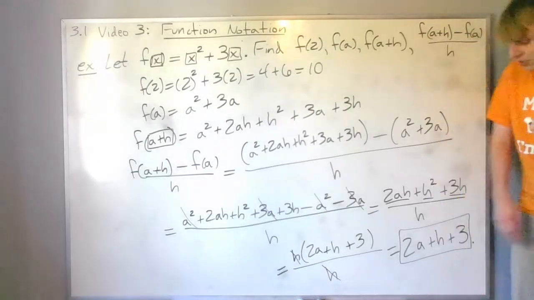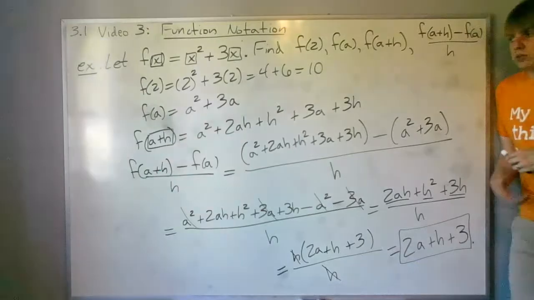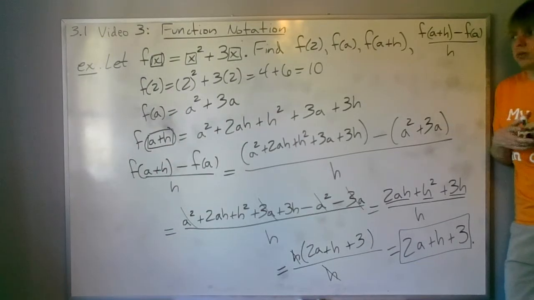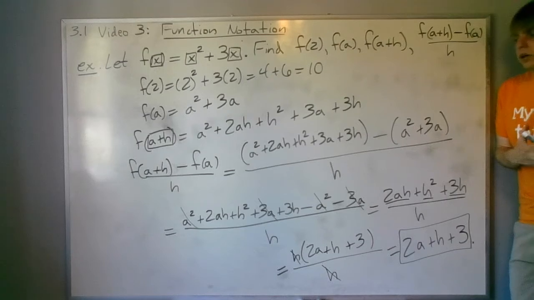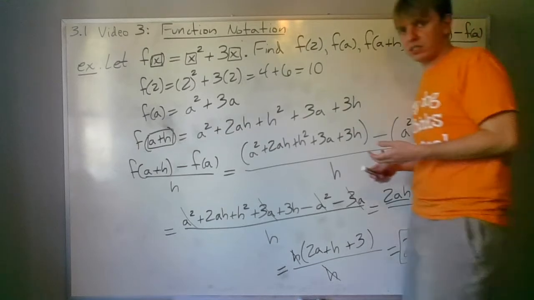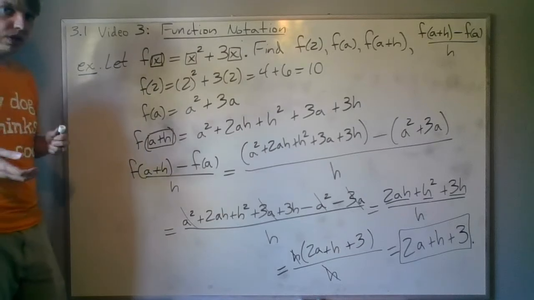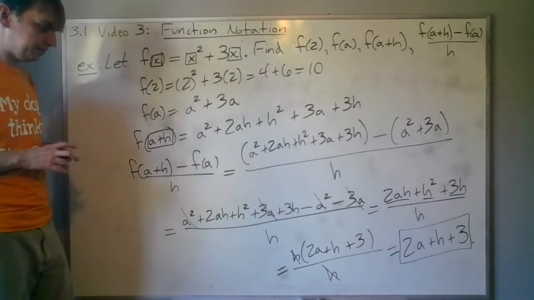If you pretend h isn't there, what we just did was actually we calculated a derivative. And that isn't going to matter until we get to a calculus class, but my point is that these steps that we're doing of just simplifying things and combining fractions and canceling things, they're things that we're going to keep seeing over and over and over again for our entire mathematical career.